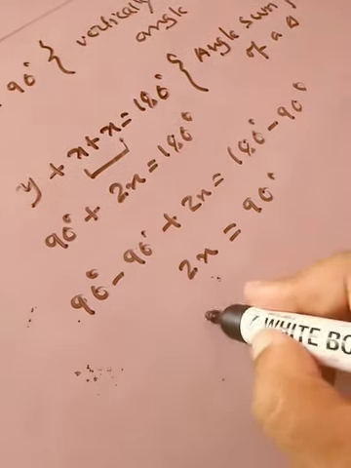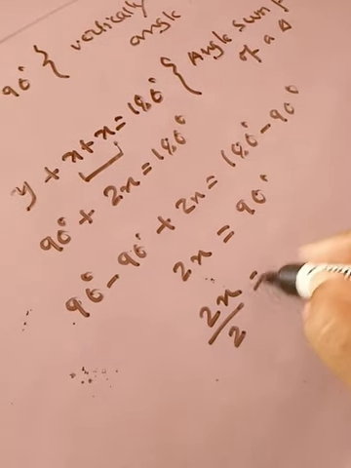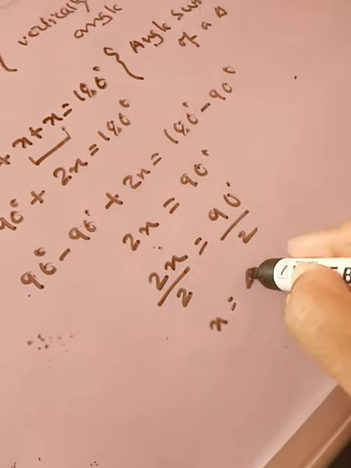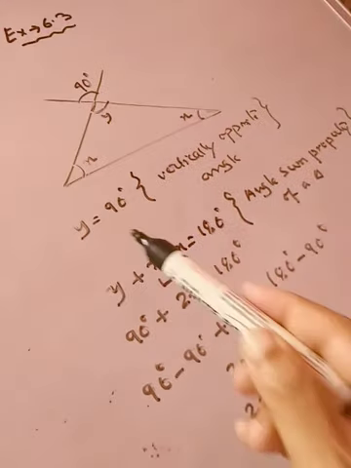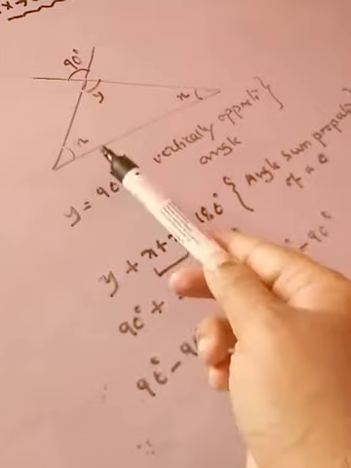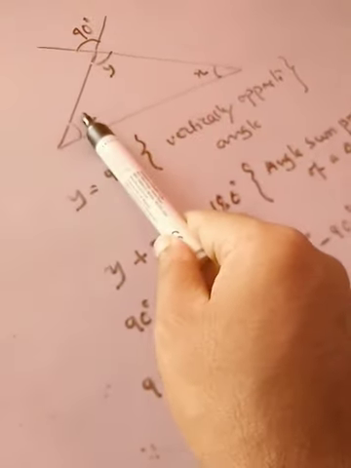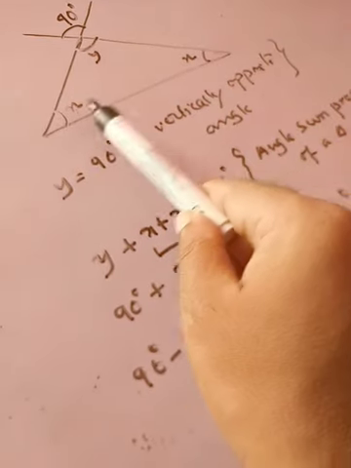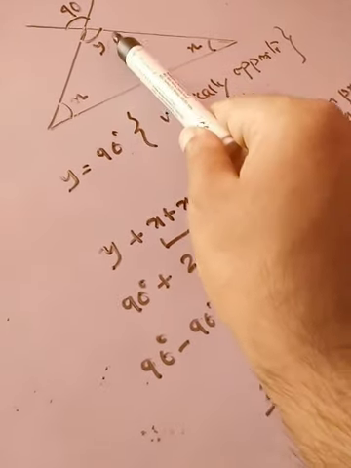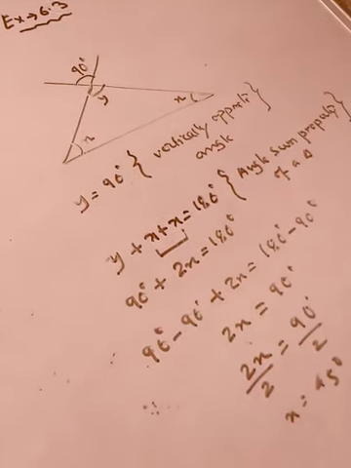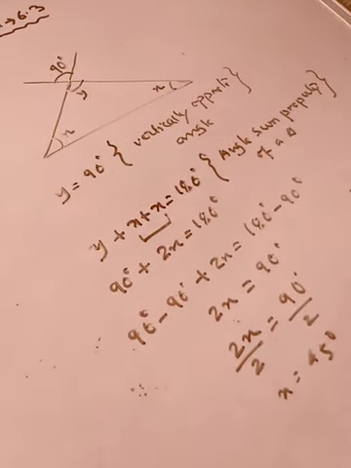Now we have to remove this 2. For that we have to divide it by 2. Okay, now x equals to 45. So the value of y is 90 degree, and the value of x, that is these two angles, are equal to each other. So if you know this angle, then automatically this angle will be also equal. So this both are x. So the y value is 90 degree and x is 45 degree. So this is the solution of sum number 5.